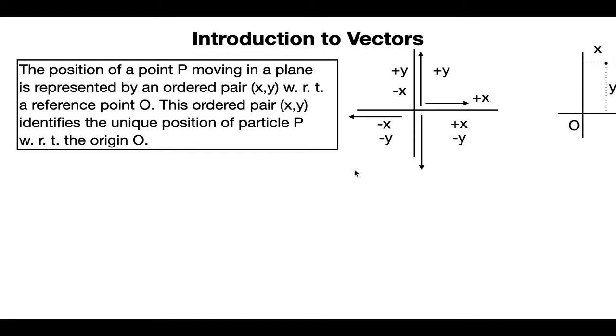See the diagram. P can be located with the help of this ordered pair. Distance x in x direction, along the horizontal, y along the vertical. So the ordered pair (x, y) helps us identify the point P.